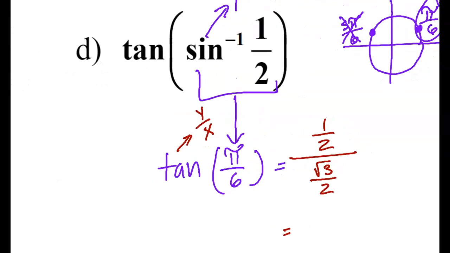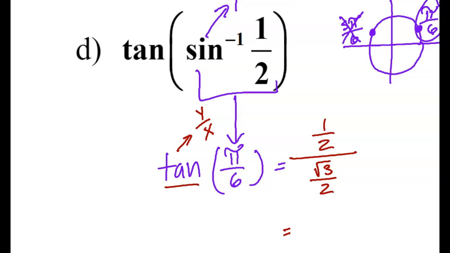Because you're taking the tangent of pi over 6, anytime we have a number that has pi in it, it tells us that this is not a value, it's an angle. So you're looking on your table for the angle pi over 6, and we're trying to find the tangent of that angle.